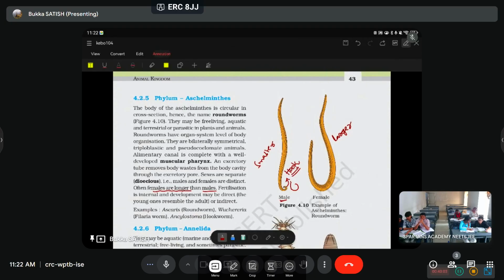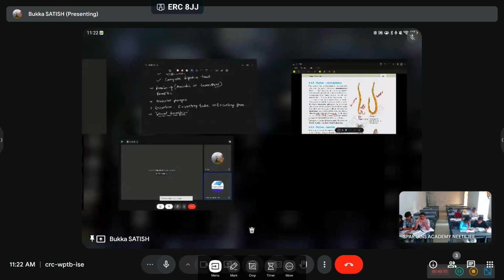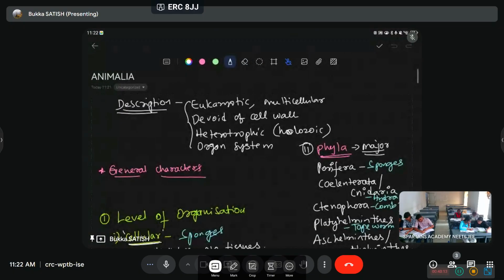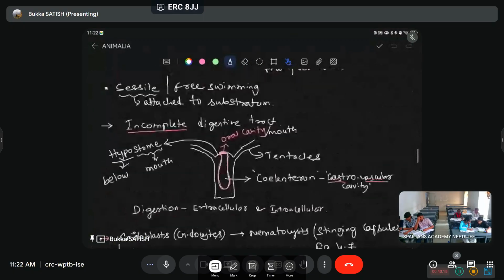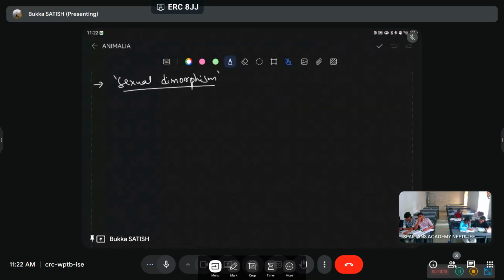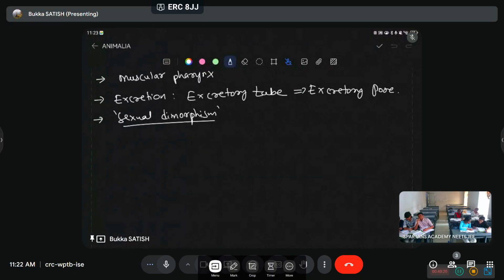Apart from that, there is a small hook at the end. Next, apart from this, internal fertilization, direct or indirect development.